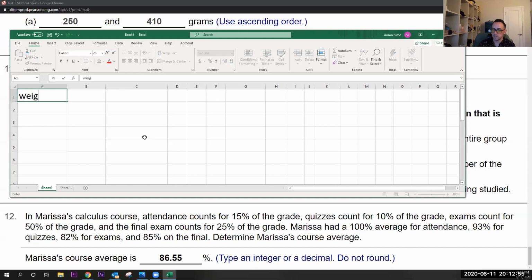Should we say weights and then score? What are the weights? 15 for attendance. Quizzes are 10. I'm going to say 0.15.